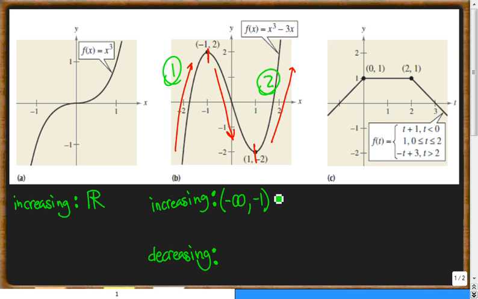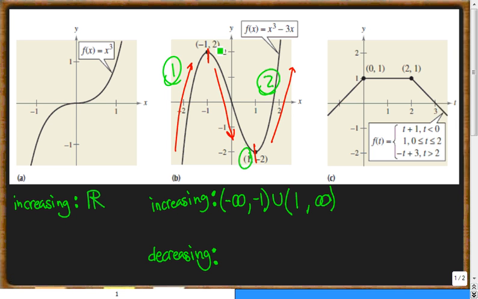So we union this, which is what we use this U for, with the second version. The second version starts at 1, not -2, oops, and goes all the way to infinity. Technically it doesn't end, but you get my idea.